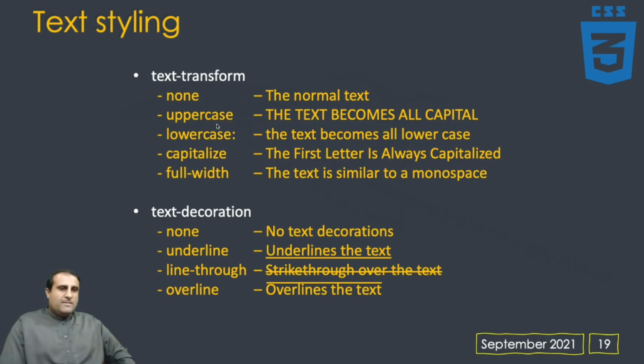If we use the uppercase value for the text transform property, the text becomes all capital, every letter will be capitalized. For lowercase, every letter will be in lowercase. For the capitalize value, the first letter of every word will always be capital.